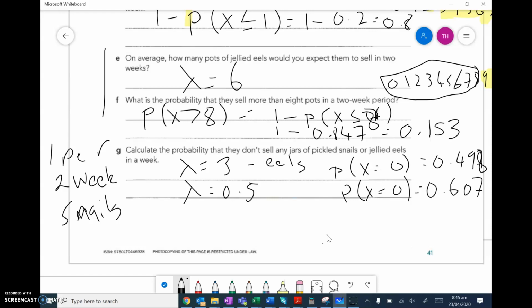Now, if you remember from probability last year, if I want the probability of 2 independent events happening at the same time, so no eels and no snails, I need to multiply those probabilities.